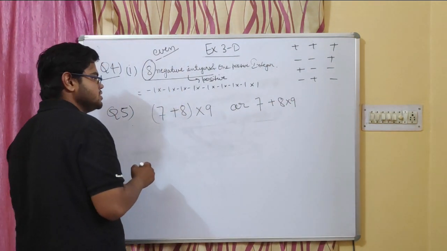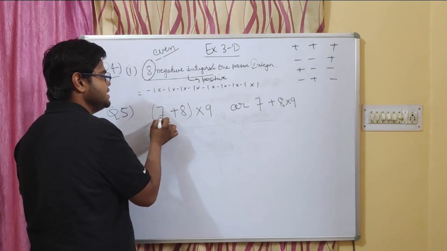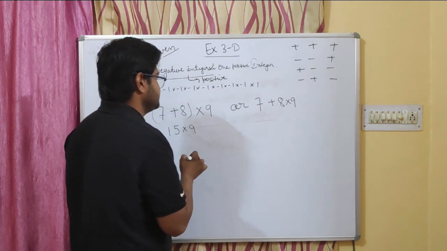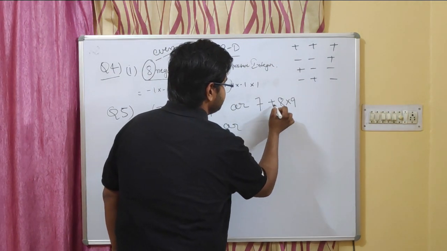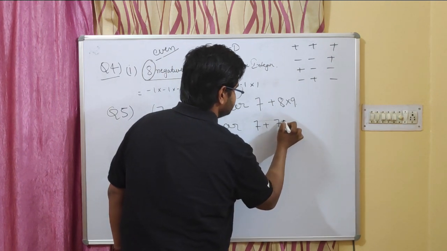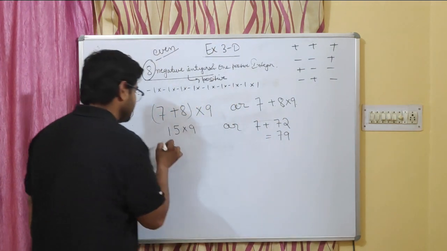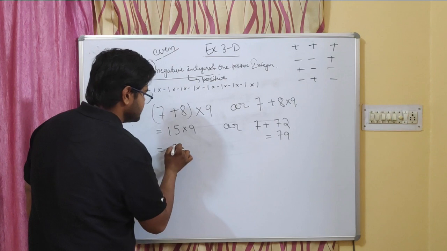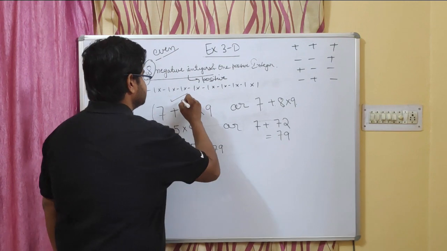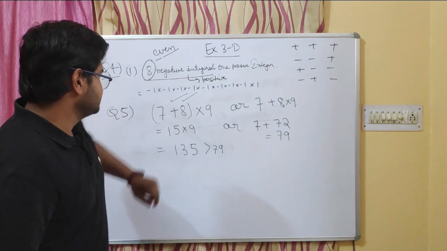Which one is greater? So children, when you solve this, you will add 7 and 8. So it will be 15 into 9. And here 7 plus 8 into 9 will be 72, so this will be 79. And here 15 into 9 is 135, which is greater than 79. So this 7 plus 8 into 9 is greater than this.